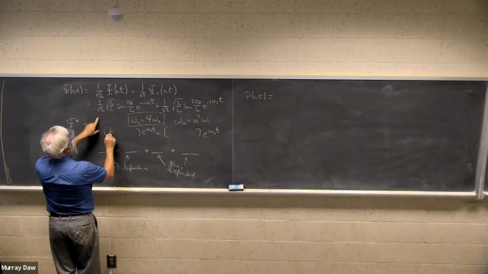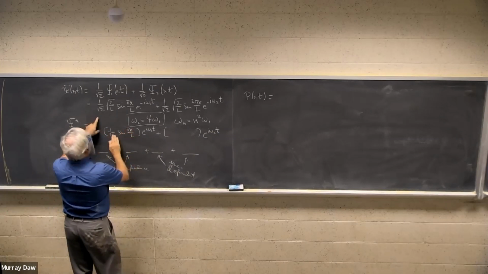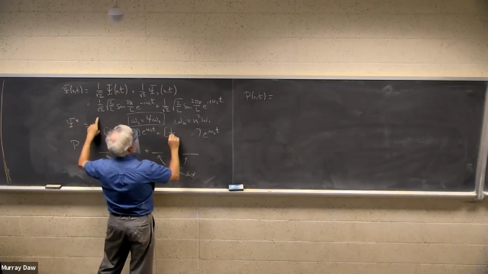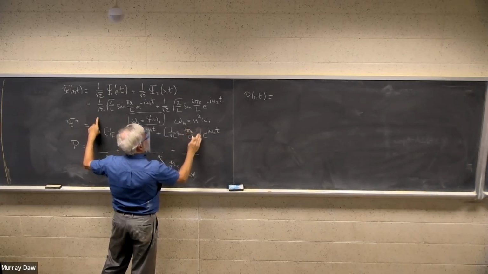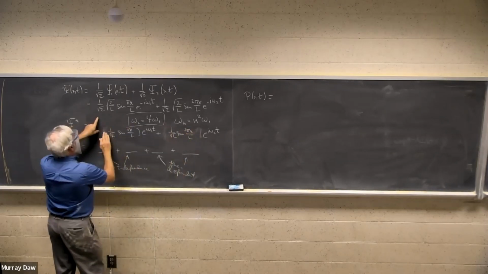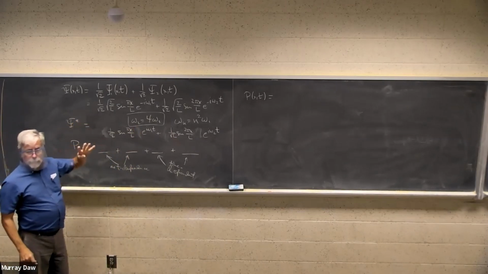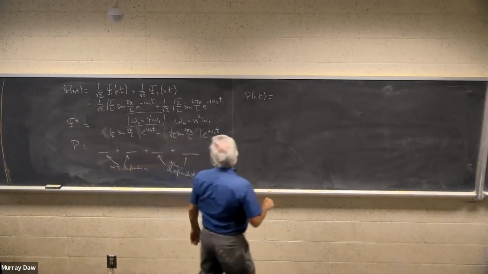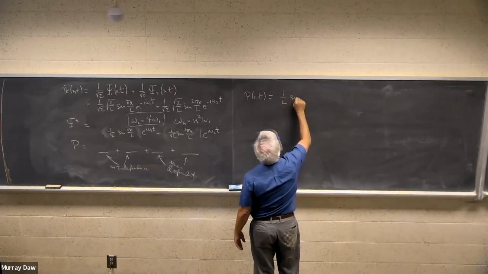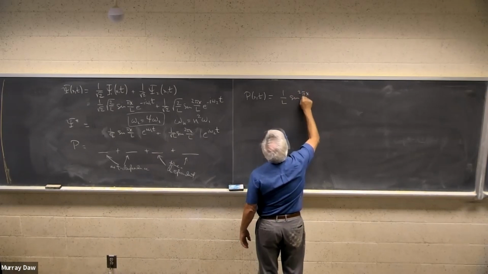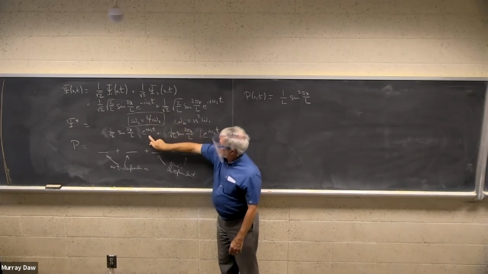So this is 1 over root L sine pi x over L, and 1 over root L sine 2 pi x over L. Multiply these two things together, get 4 terms, distributing the multiplication over the addition. So I get 1 over L times sine squared pi x over L. Time dependence cancels when I multiply these.